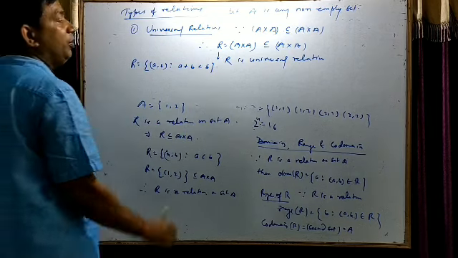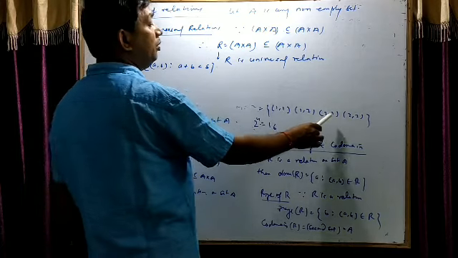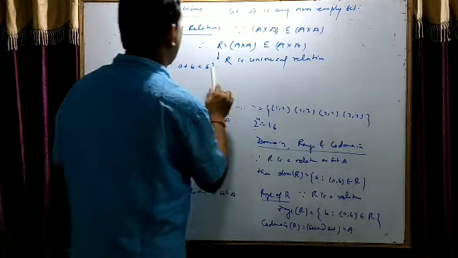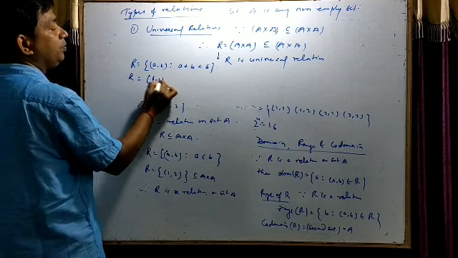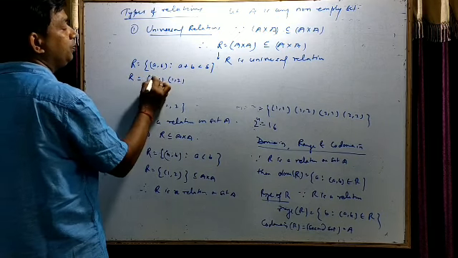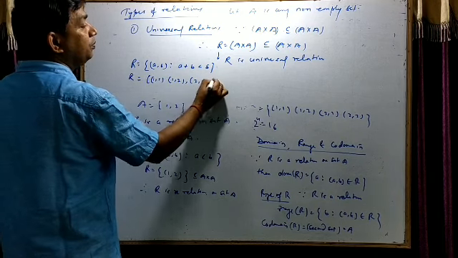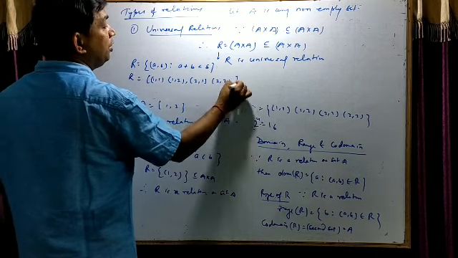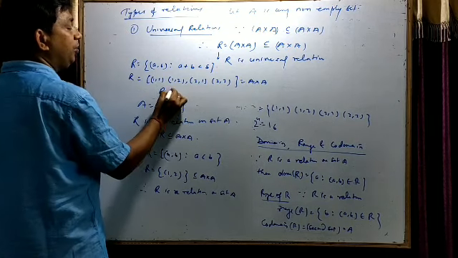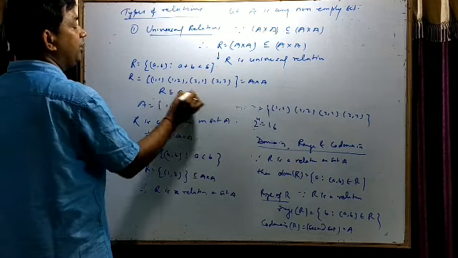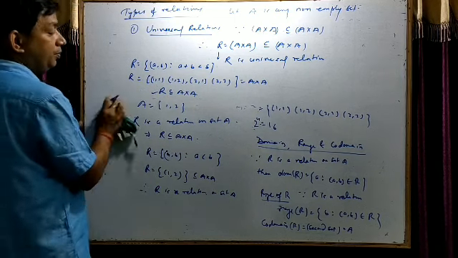Now you see, the sums of (1,1), (1,2), (2,1), (2,2) are all less than 5, all the entries are coming here. So this is A cross A, so we can say R is a subset of A cross A. So here this R is called a universal relation.